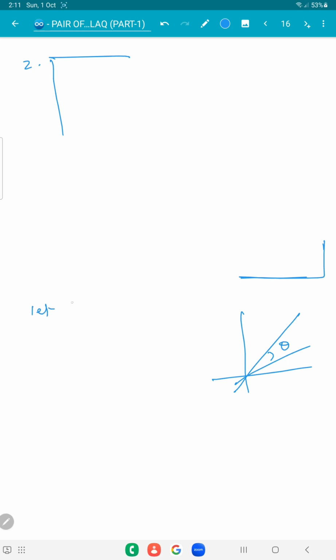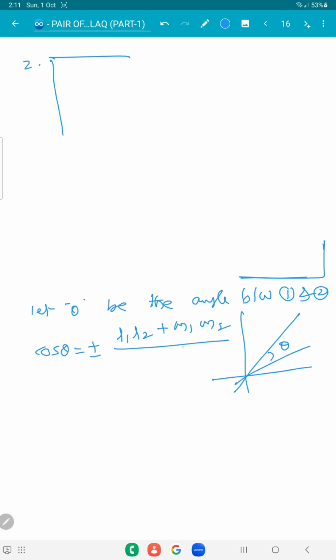Let theta be the angle between 1 and 2. So cos theta formula is plus or minus (L1 L2 plus M1 M2) by root of (L1 square plus M1 square) into root of (L2 square plus M2 square).